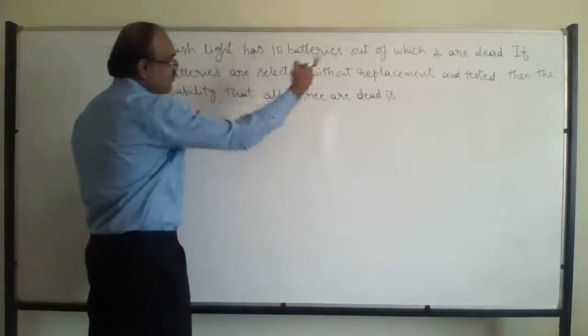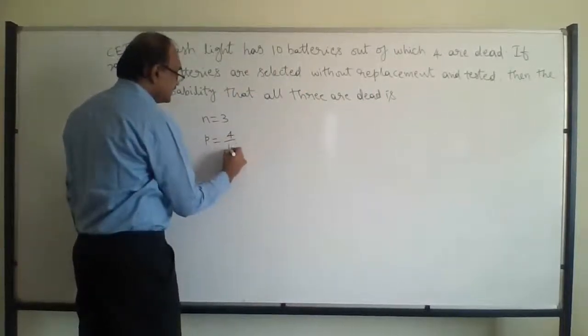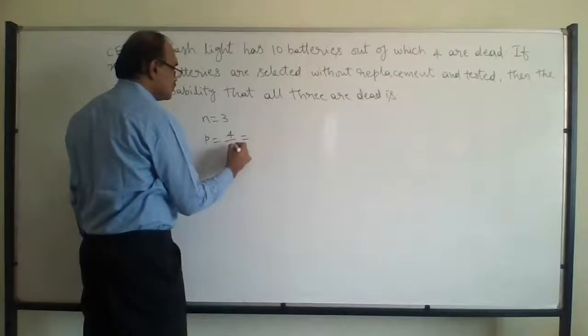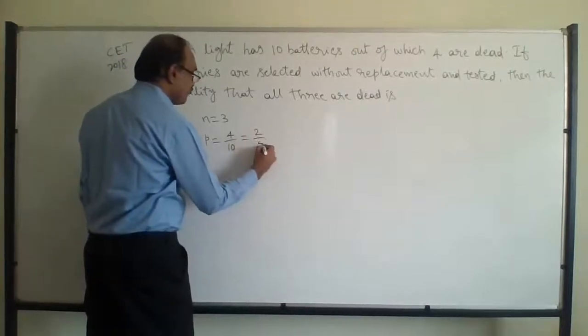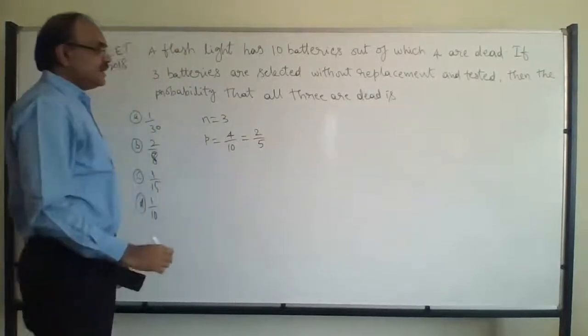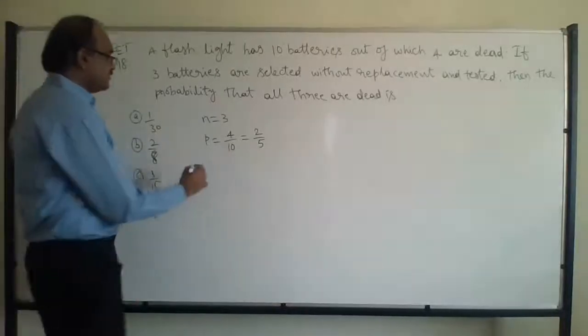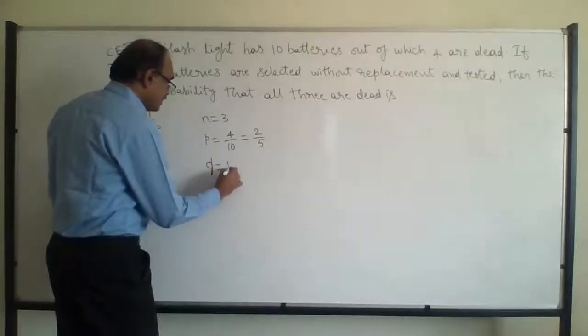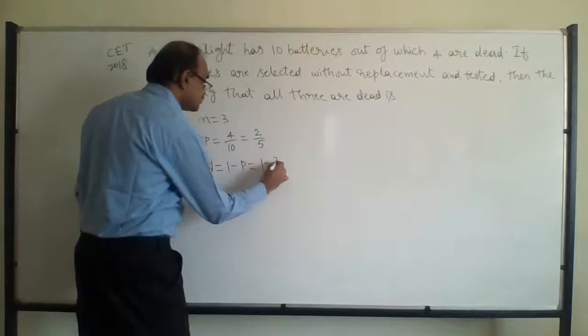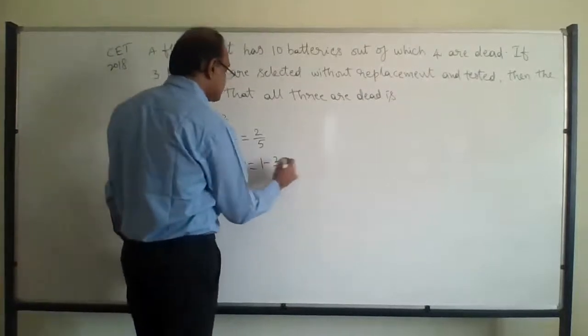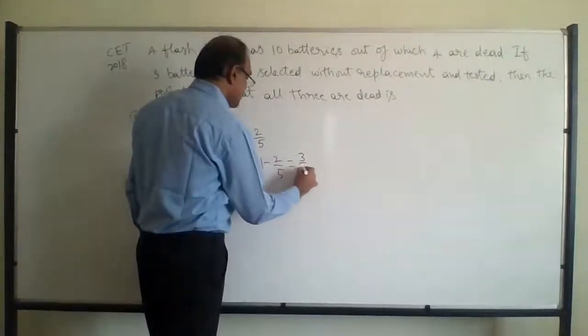Out of 10, 4 are dead, that is 4 by 10, that comes to 2 by 5. P is 2 by 5. And what is Q? 1 minus P, that is 1 minus 2 by 5, that comes to 3 by 5.